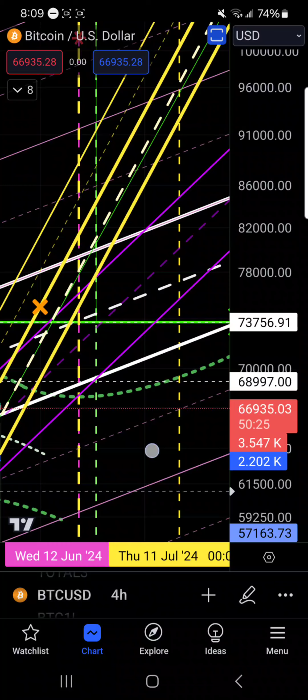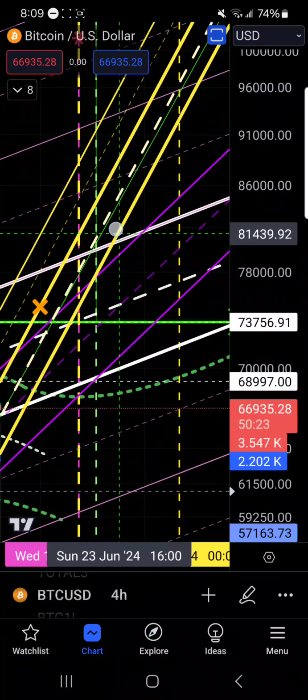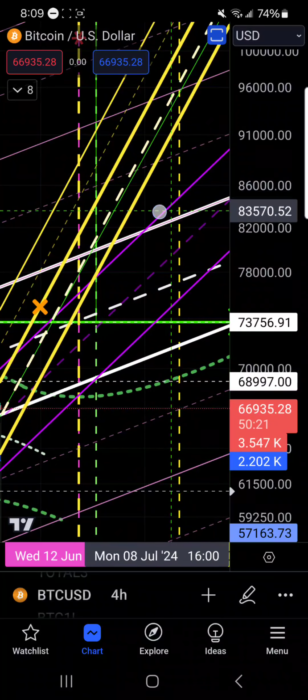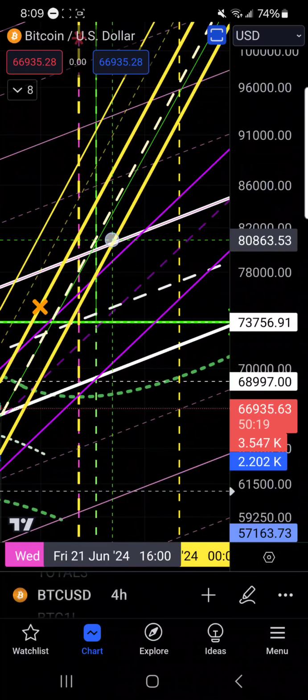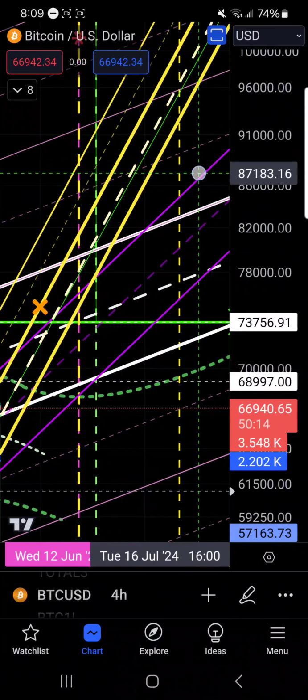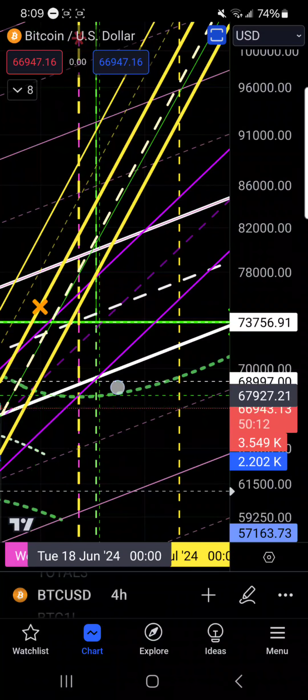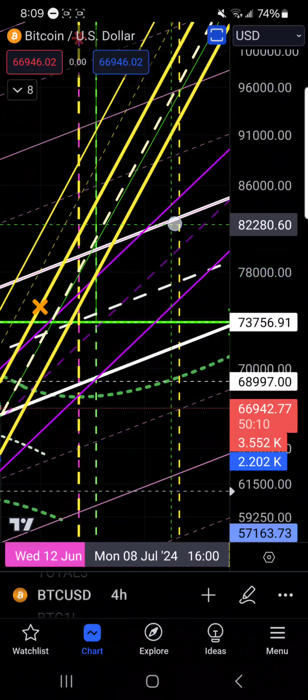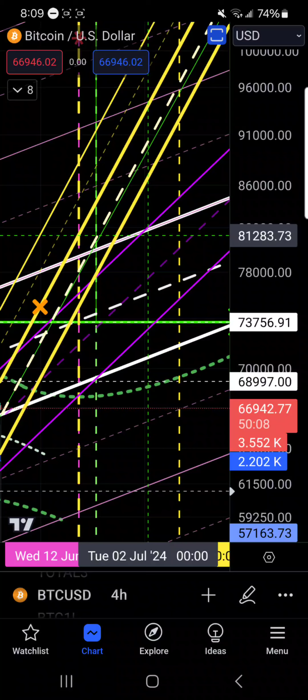That may be, because I'd really like to see some more consolidation at upper levels before we blast off. And so the white channel here has been key as a blast off level to start our parabolic bull rallies.